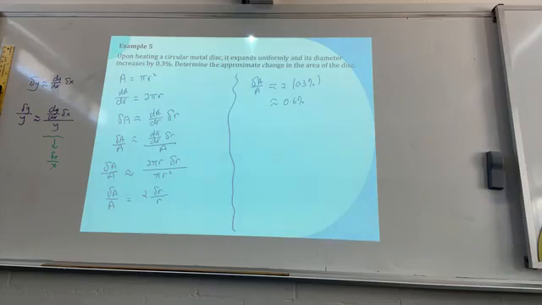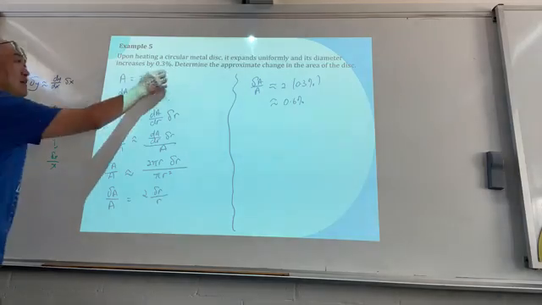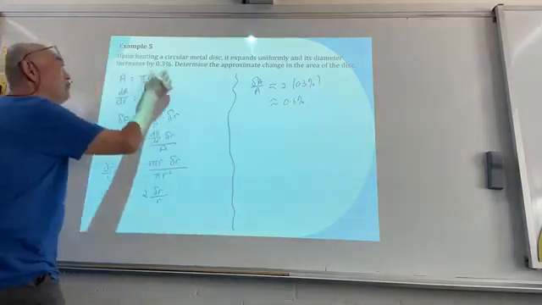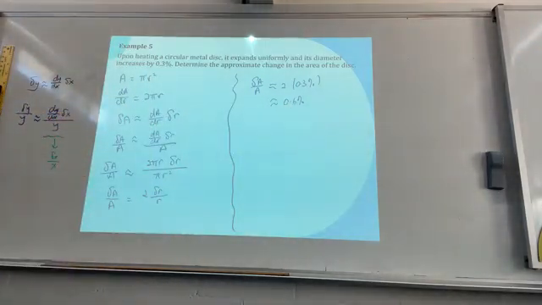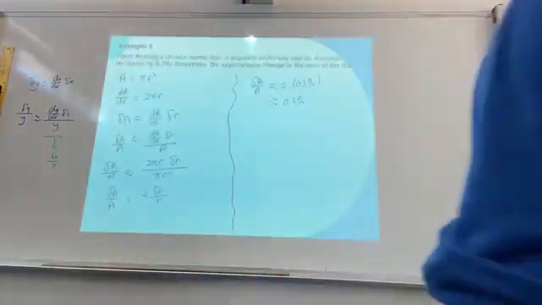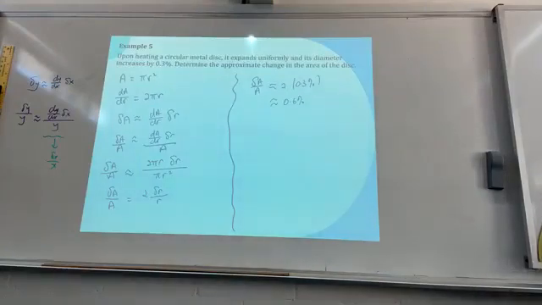So it's 0.6%. So do a sanity check. The increase in the area will be bigger than the increase in the radius or the diameter, for sure. All right, happy with that?